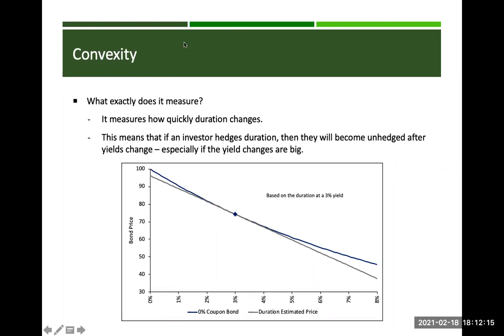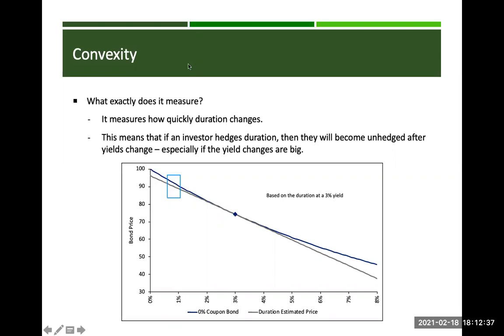And so look at that point. Look at 1%. It's right around there. We're moving along the gray line when we do our duration adjustment. We're below the blue line. So we're underestimating the actual price.